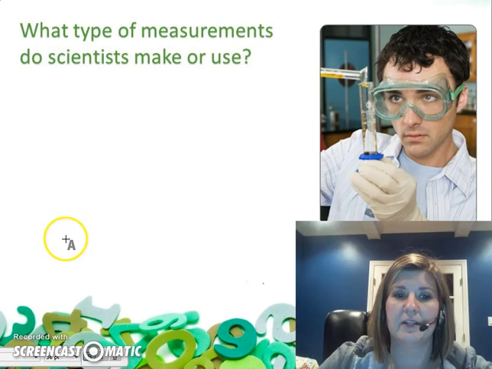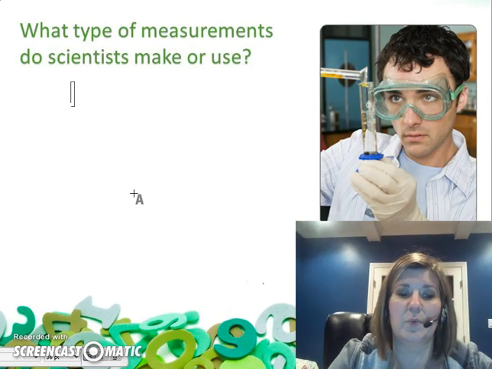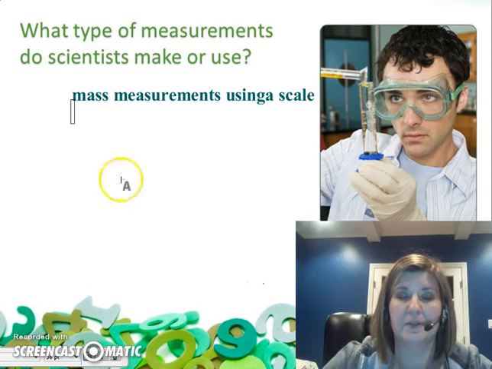So just wanted to outline some real quick things here in terms of why we're even talking about this and why we do it in science. In science, we make measurements for a variety of different things. We might take mass measurements using a scale or a balance of some sort.